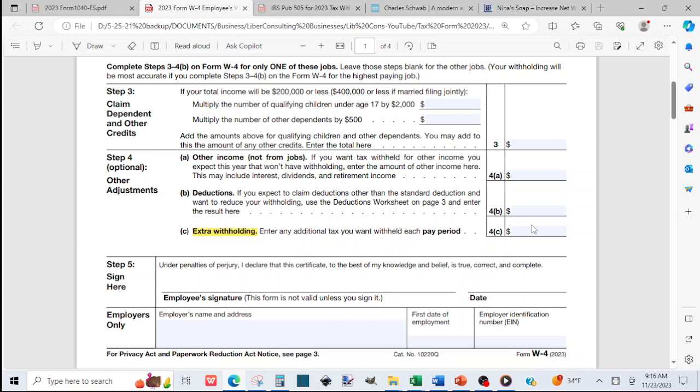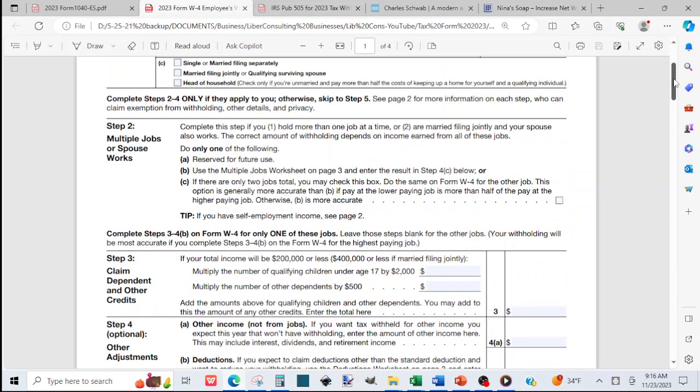You estimate the tax that you will owe on those dividend income and divide that by the number of paychecks you receive from your employer to find the amount that needs to be withheld from each paycheck. So that's one way to avoid making estimated taxes, by increasing your withholding with your employer.